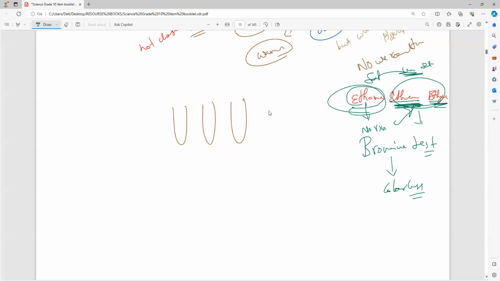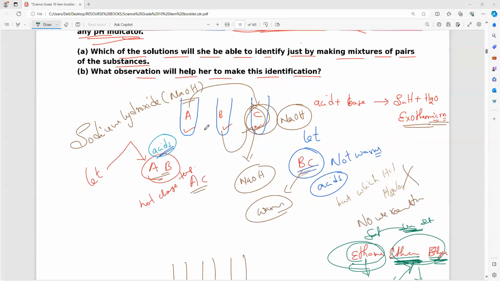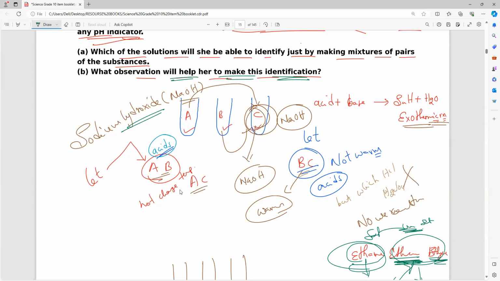Same way here, we come to know two are acids, but which is exactly sulfuric acid and which is exactly HCl, we cannot identify. So what can we identify here? The sodium hydroxide. And what observation will help her? Neutralization reaction: the sodium hydroxide reacting with the HCl or with the H2SO4.